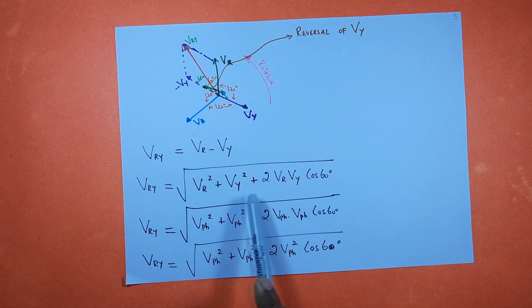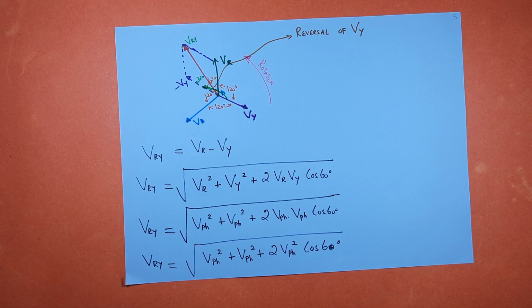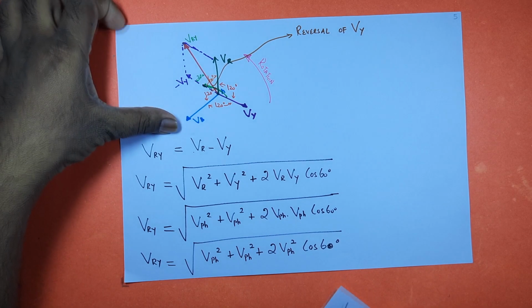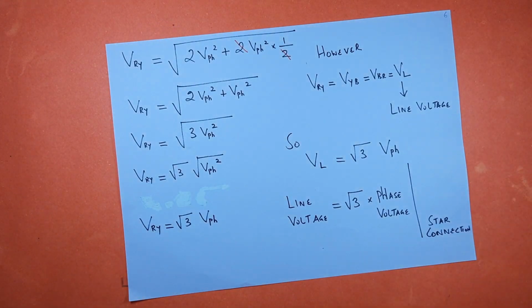VR, Vy, Vb all are equal to V phase. So I can write VRY equals square root of V phase square plus V phase square plus 2 into V phase into V phase cos 60. So you get square root of V phase square plus V phase square plus 2 V phase square cos 60 degree.